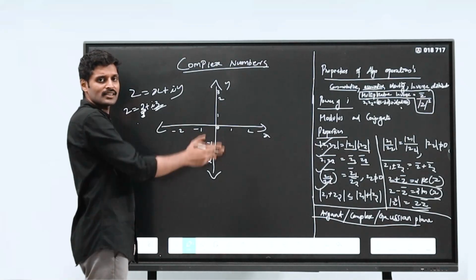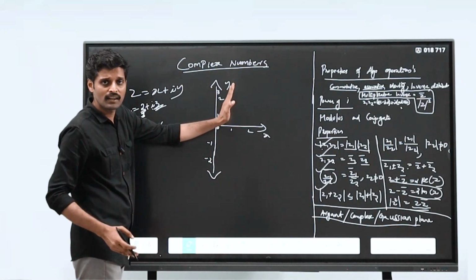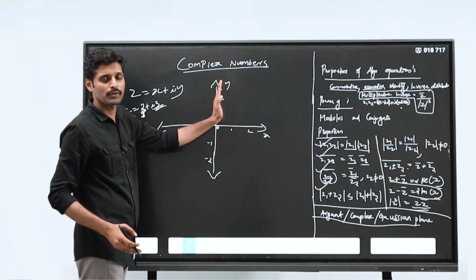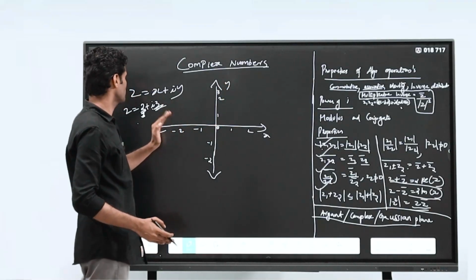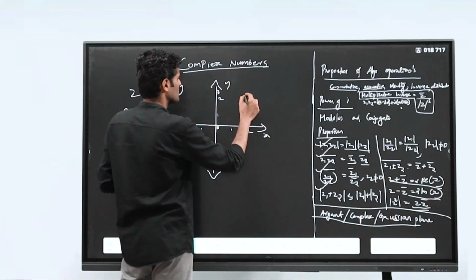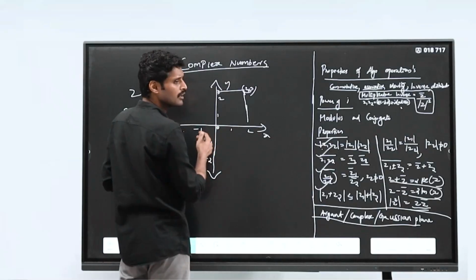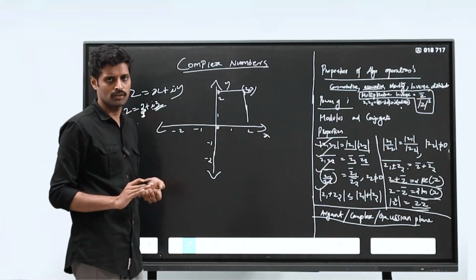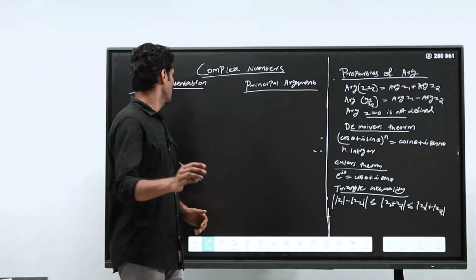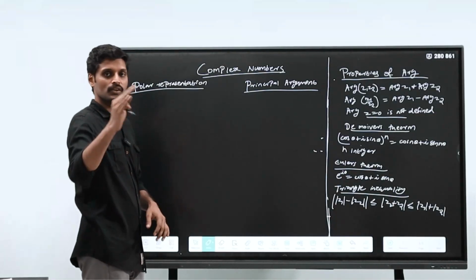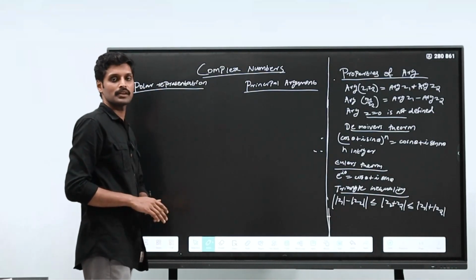The y axis is also called the imaginary axis in the representation of complex numbers. So we can express it as 2, 3. This is 2 and this is 3. This is the point 2, 3 in Argand representation of complex numbers. That's it. Okay, then let's move to the next topic, that is polar representation.